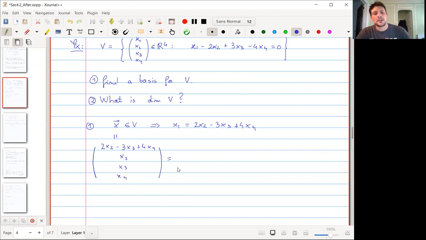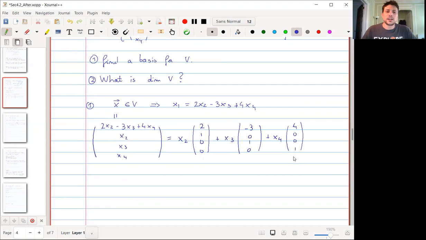If I wanted to expand on the contribution of every one of x2, x3, and x4 in this vector, I could put them in evidence by factoring them out as follows. x2 only appears in the first entry with the coefficient 2, and in the second entry with a 1. x3 appears with a minus 3 here, and then it's 0, 1, 0, and x4 is 4, 0, 0, 1.